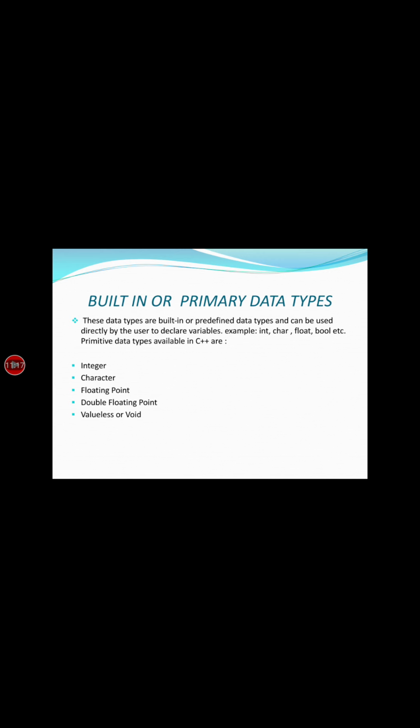Now what is floating point? It acquires memory space of 4 bytes and its range is 3.4e-38 to 3.4e+38. Now double floating point, it acquires memory space of 8 bytes and its range is 1.7e-308 to 1.7e+308.